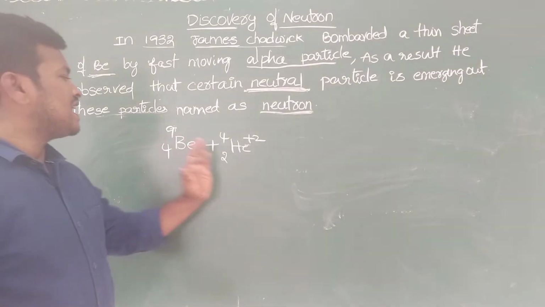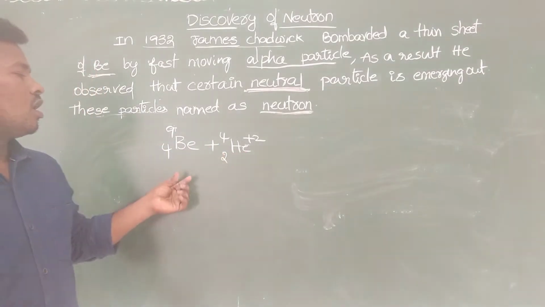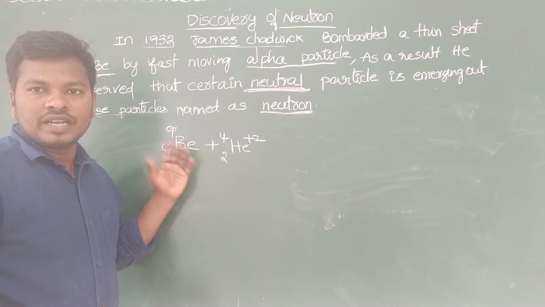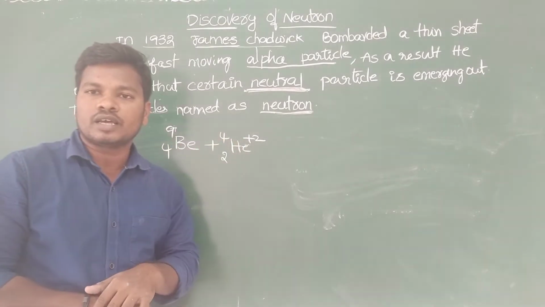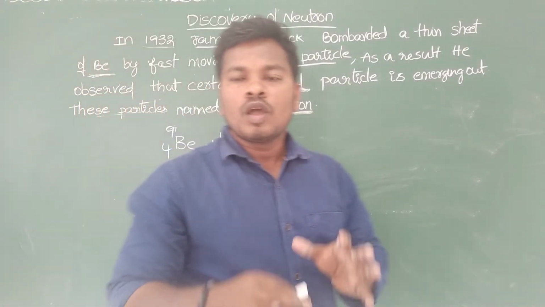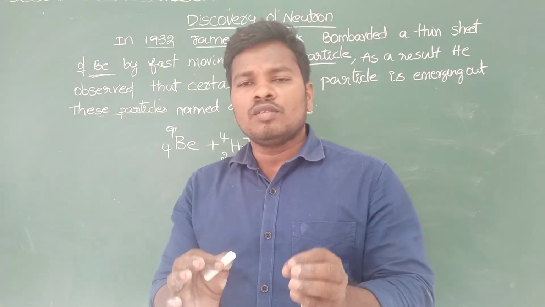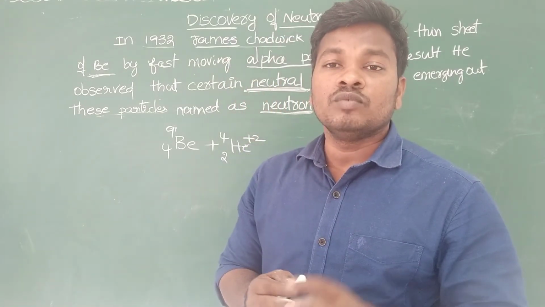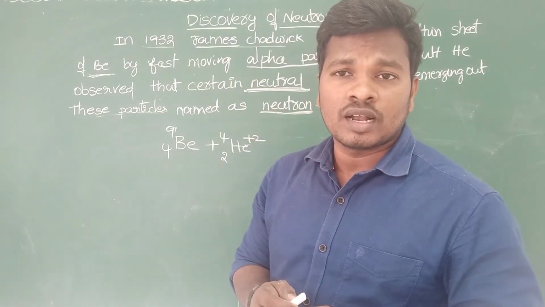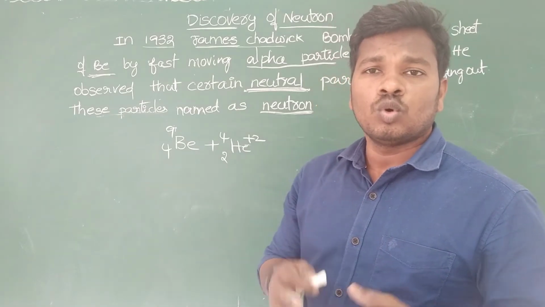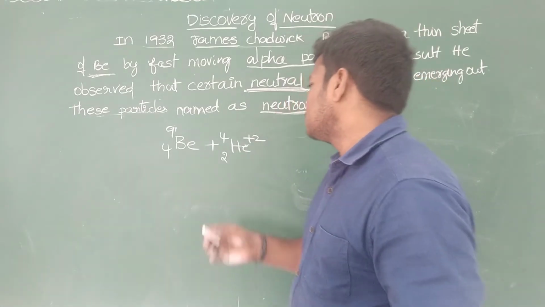Whenever he allowed the alpha particles to bombard the beryllium, he observed one subatomic particle having mass 1 and charge 0. So he observed a neutral particle.